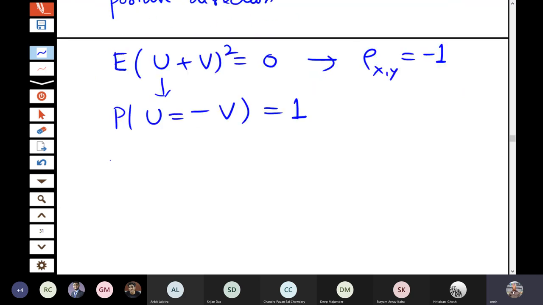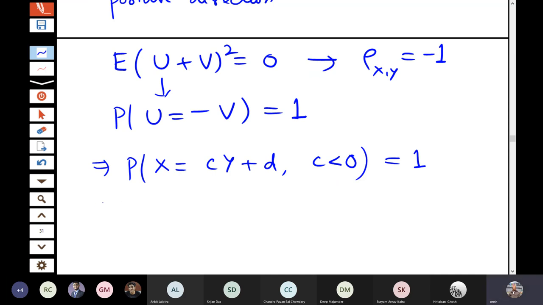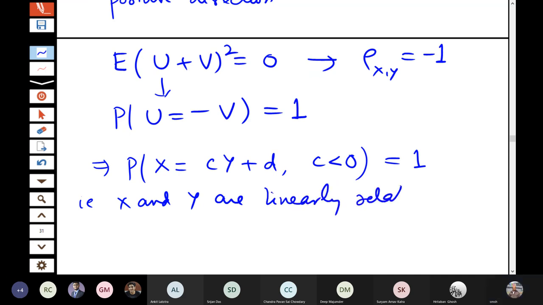So it means that the probability that x is equal to cy plus d, where c is a negative number, is 1. That is, x and y are linearly related in a negative direction.